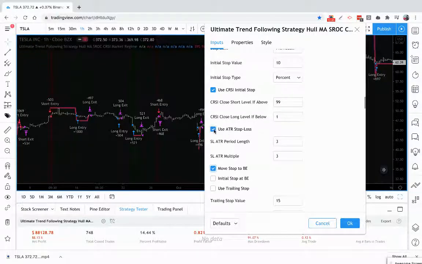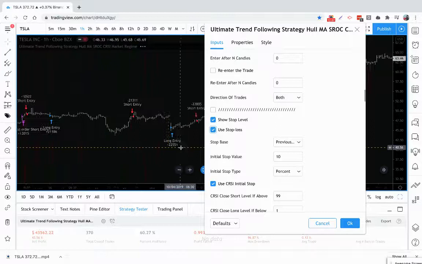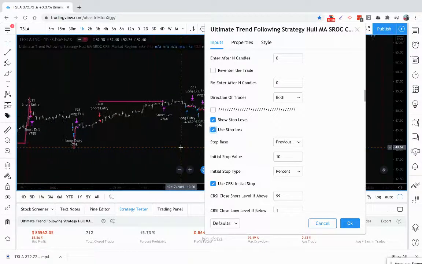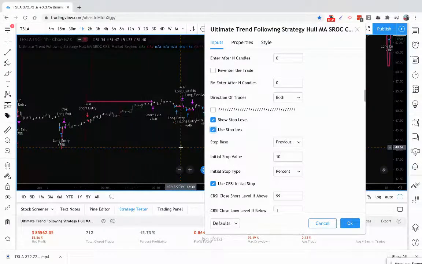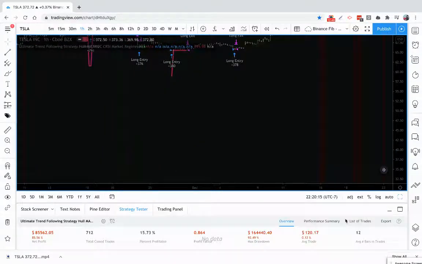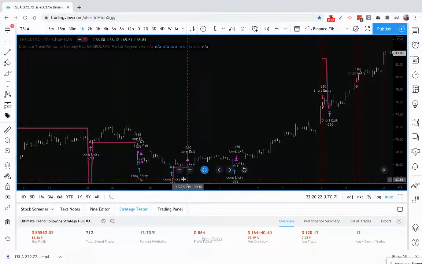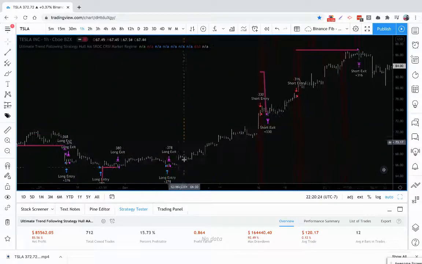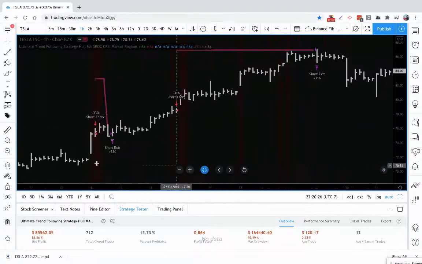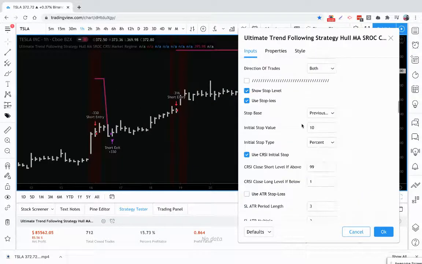So let me show you an example of when a trade gets into profit right away. Let's use maybe a stop loss of 10%. And let's see a good example here. Let me get out of the zoom. Can we get back to auto? There we go. Okay. Now I see the chart a little easier.